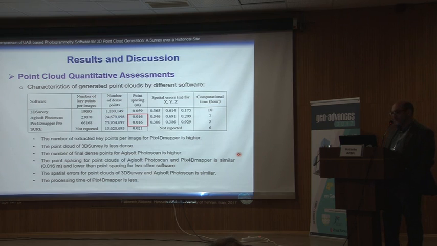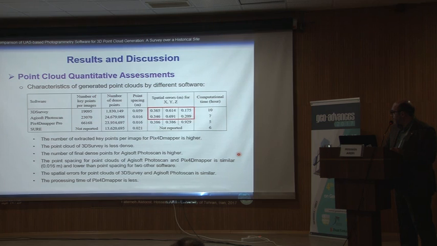Regarding the point spacing, you see that Agisoft PhotoScan and Pix4D Pro generate similarly the best quality, which is 0.016 meter, the average spacing between the points.